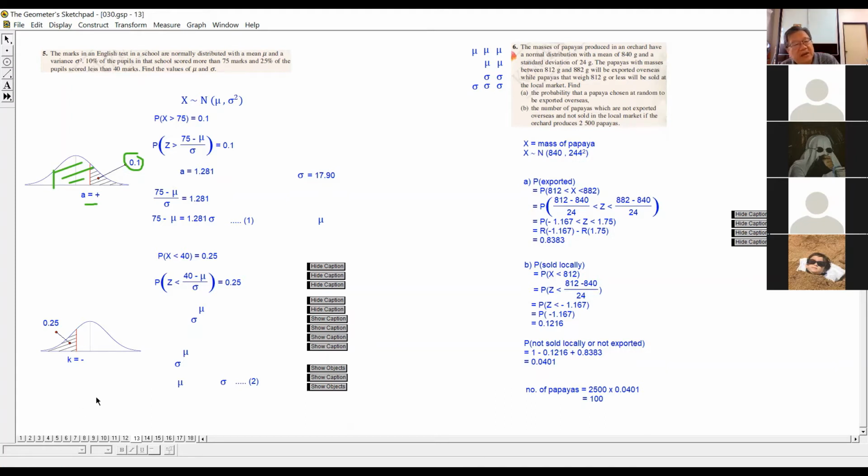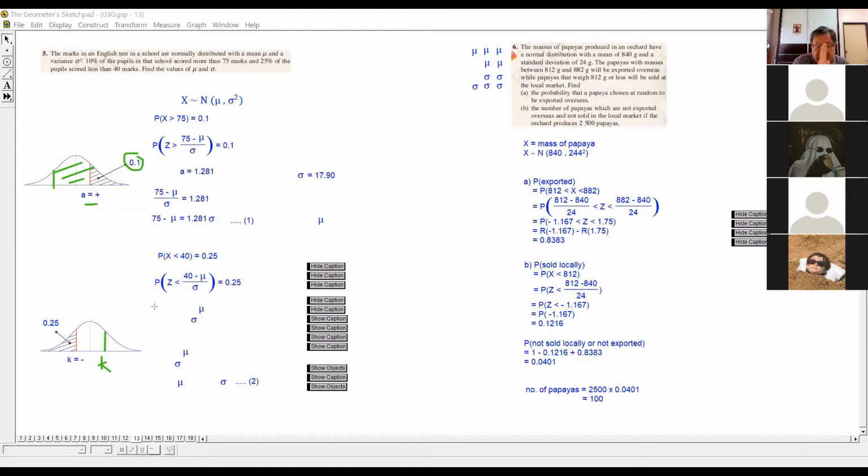Then you may ask me, how come you know the k is there? Oh, because they say less than. So I shade it on the left hand side, less than k. Less than k is 0.25. But can the value of k be positive? Can the value of k be over here? The answer is no. Why?